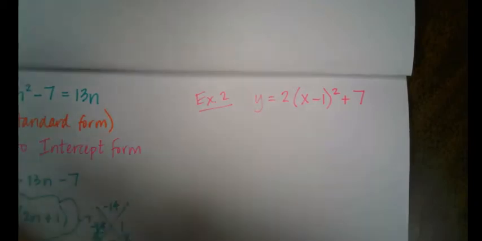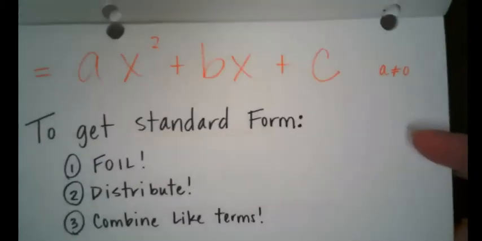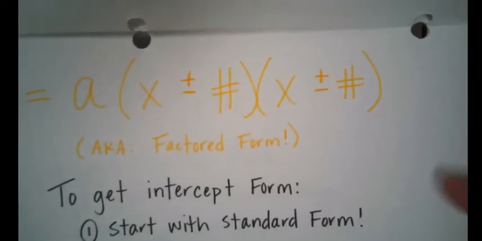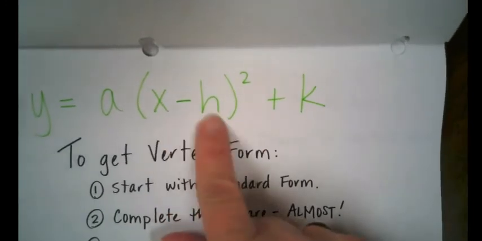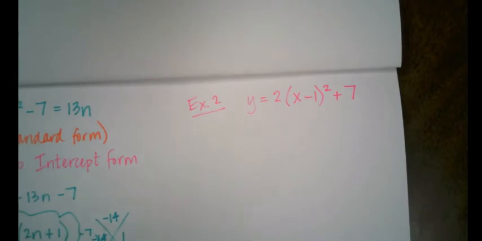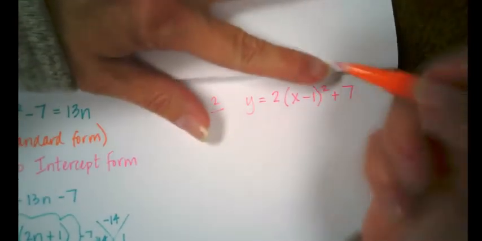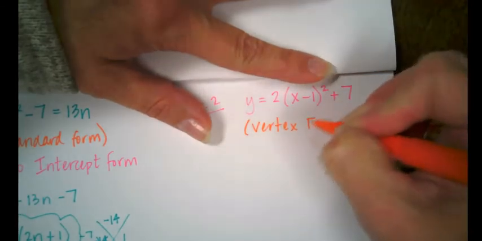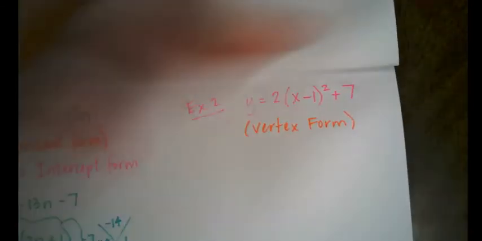And again, just to refresh your memory, standard form has no parentheses. Factored form will have 2 sets of parentheses. Vertex form will have 1 set of parentheses squared. So when we look at this one, we can tell that right now, this one is in vertex form. So we're starting in vertex form.